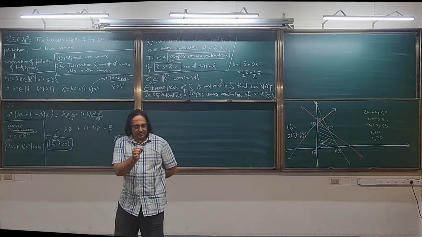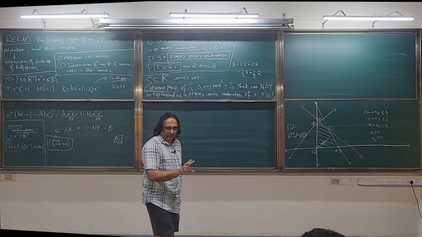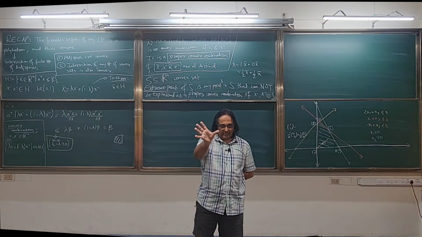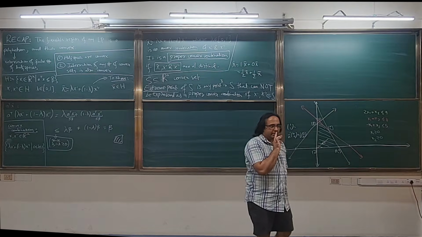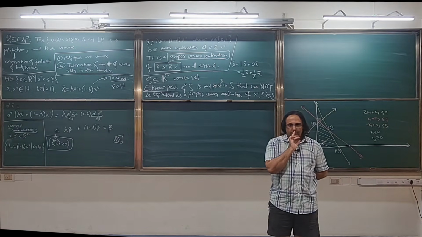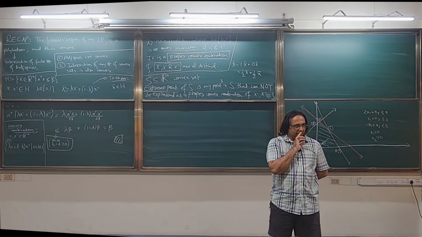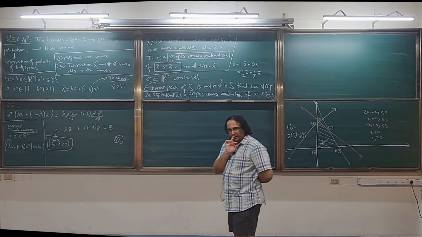And they can check that x prime and x double prime are in the polytope because you're given the entire set of linear inequalities. Now, supposing you think that a point is an extreme point, how will you convince your friend that it is an extreme point?